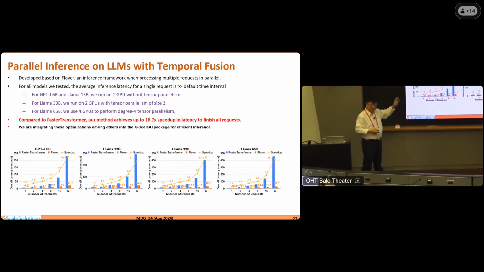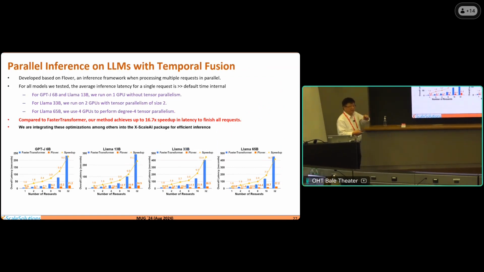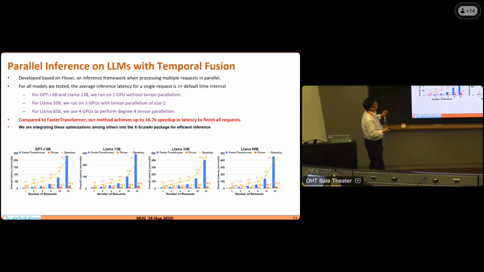This is for parallel inference, not just for training. This is part of a package, and this part of the research was done on the OSU side, but we are able to incorporate it as a product to provide commercial support.